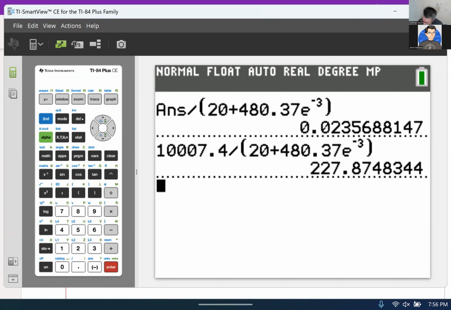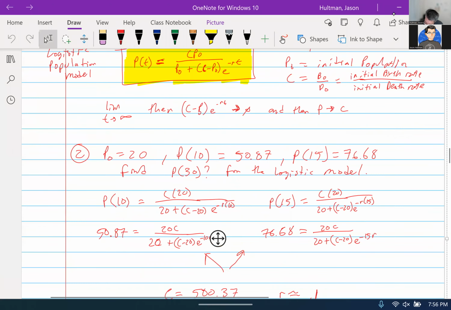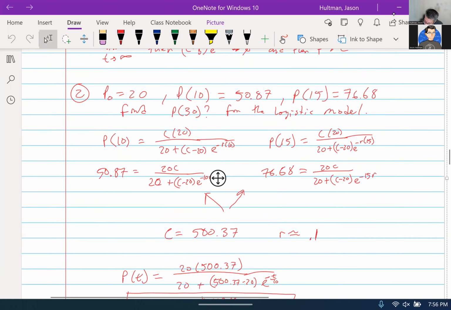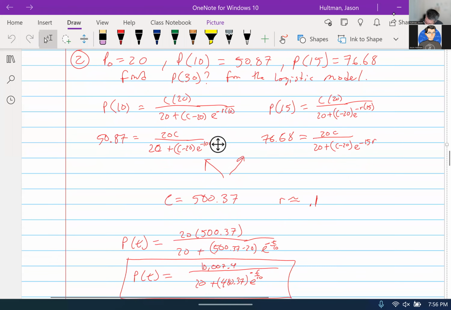We know the population couldn't have been 1, because at 10 it was 50 and at 15 it was 76.68. So this makes a little more sense. It's still going up, and it would continue to go up even if it was hitting a carrying capacity, so we need a value that's bigger than that.